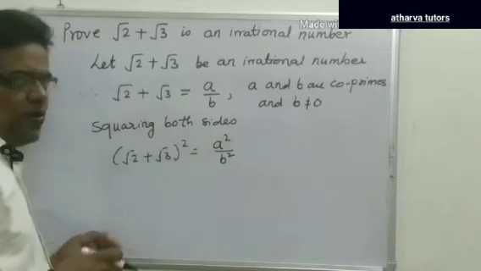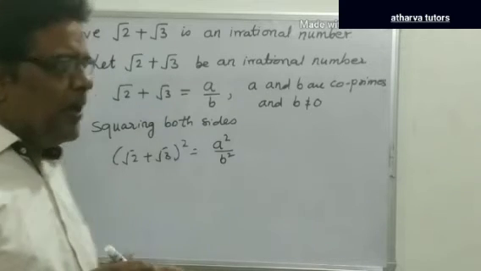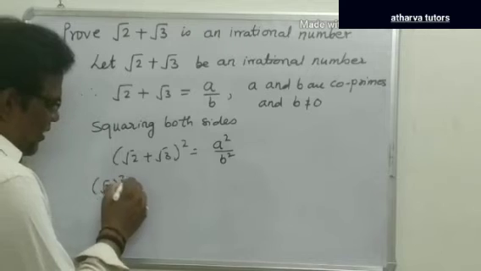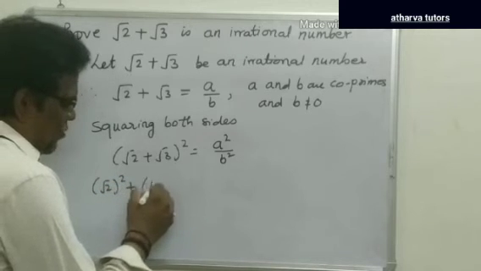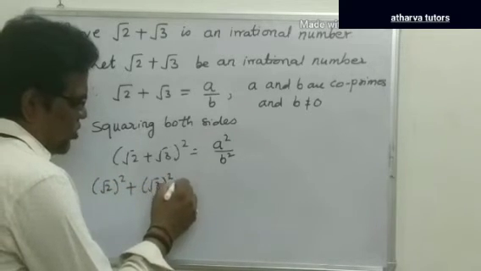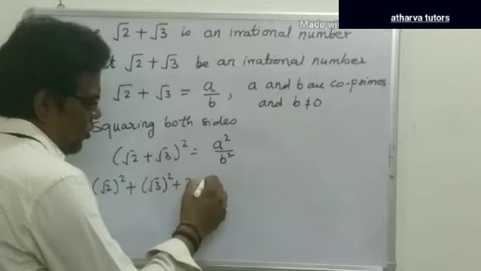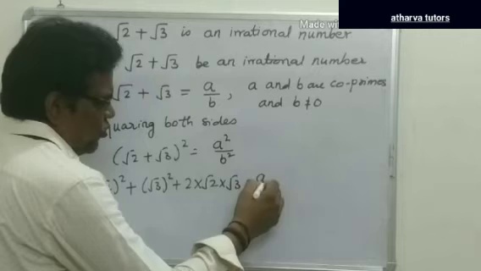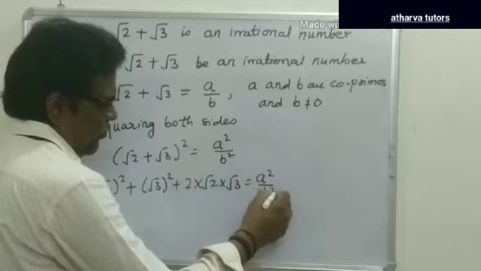Now this is the formula (a plus b) whole square, which is a square, that is root 2 square, plus b square, that is root 3 square, plus 2ab, that is root 2 into root 3, equals a square upon b square.